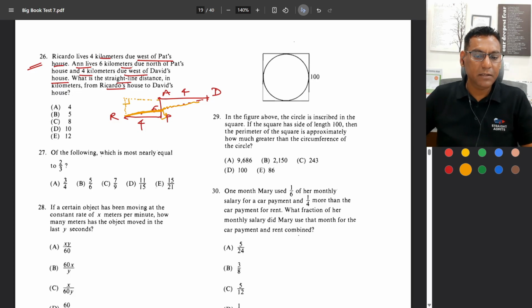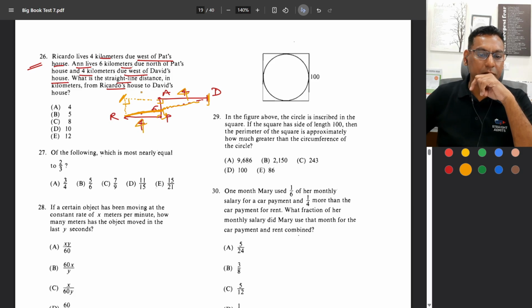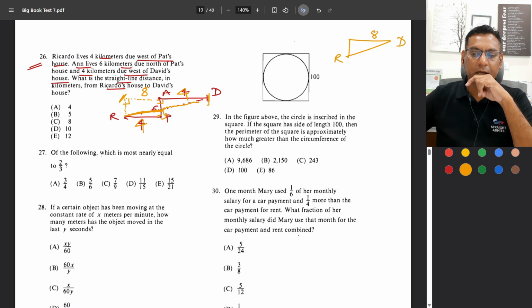So this is going to be 90. What is going to be this total? This to this is going to be this 4 plus this 4, so this is going to be 8. So essentially I'm talking about Ricardo here, David here. This is 8, and this point to R distance is 6 as given.